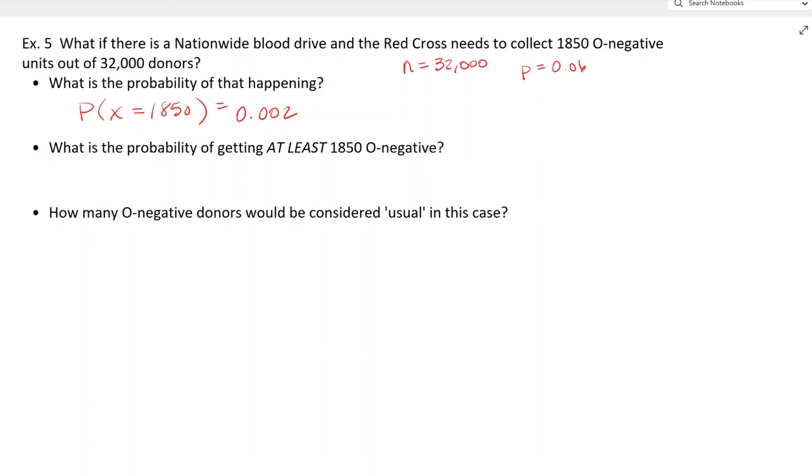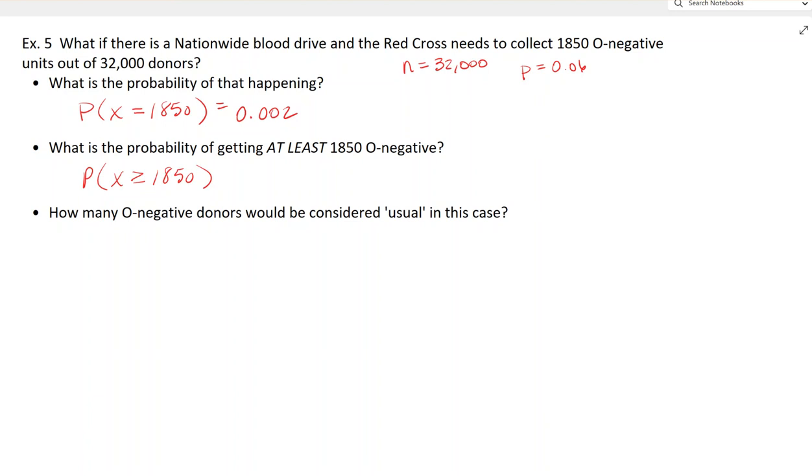But what if I change the question here to say what's the probability of getting at least 1850? So now if we're thinking about at least, that says X, which are the O negative donors, are greater than or equal to the 1850 that I need, right? We need at least 1850.